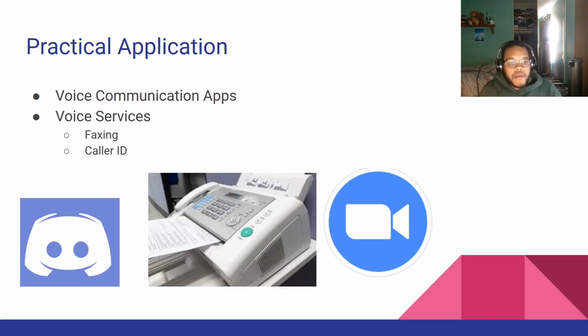Okay. And the last thing I want to talk about is practical applications of VoIP. So voice communication apps such as Discord, Skype. Well, I'm about to say Skype because it is blue, but Zoom has become very prevalent as of recent, and that utilizes voice over internet protocol very much.